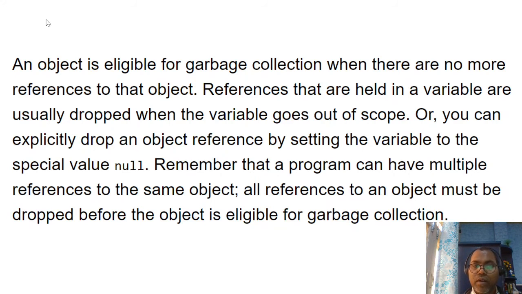Our JVM, the Java runtime environment, is intelligent: it figures out how many objects are created inside your heap memory and whether each object is referred to by any reference variable. If a reference variable refers to it, they don't touch that object. If an object is not referred to by any reference variable, that object is deleted by the Java runtime environment.